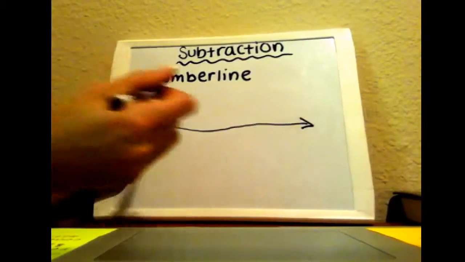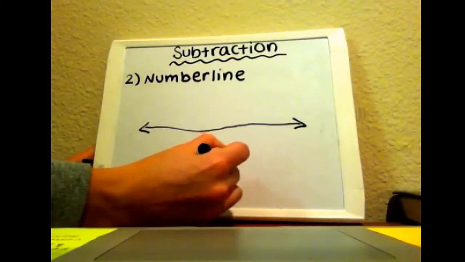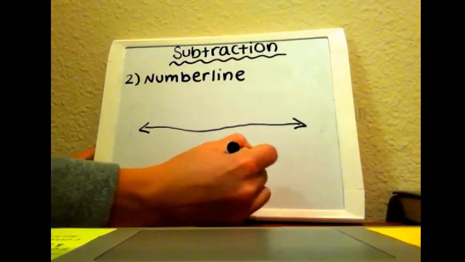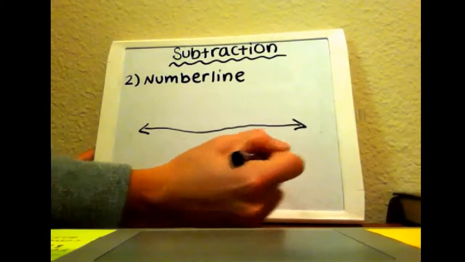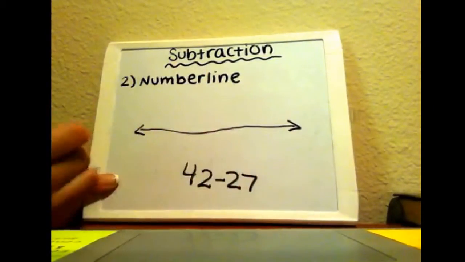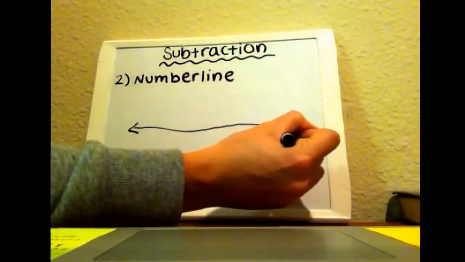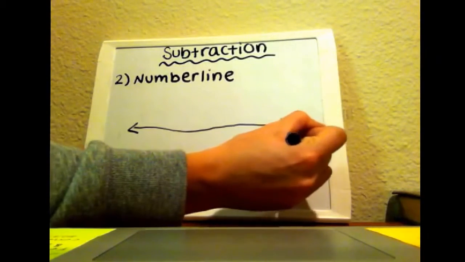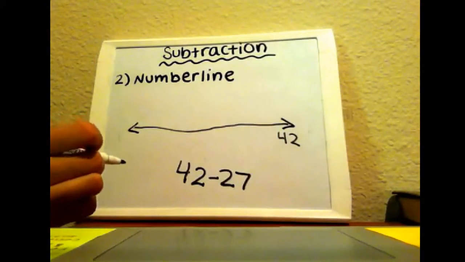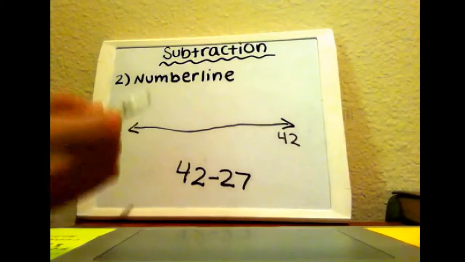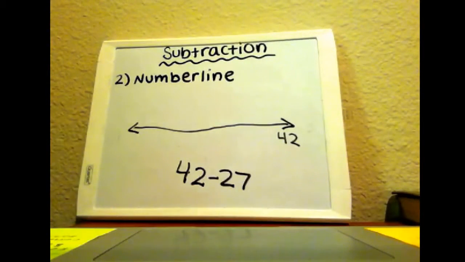And for this problem, we're going to do 42 minus 27. So we're going to start off with our larger number, which is 42, and then we're going to see where we get to by subtracting 27.